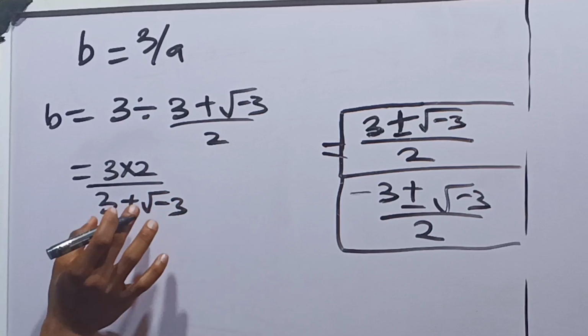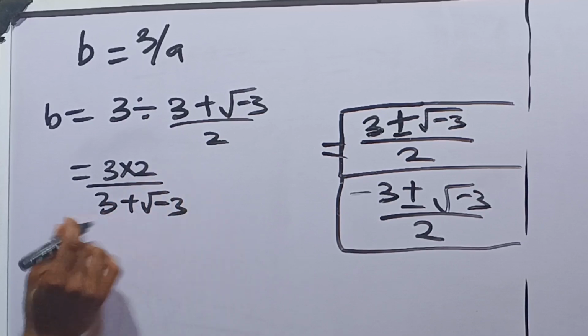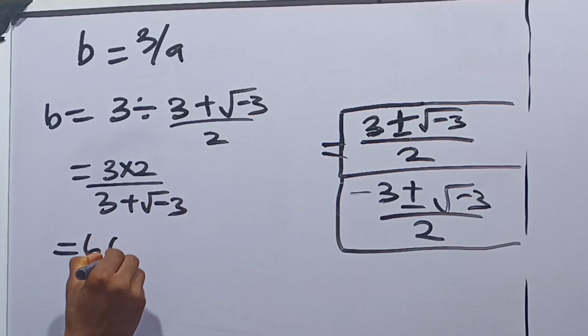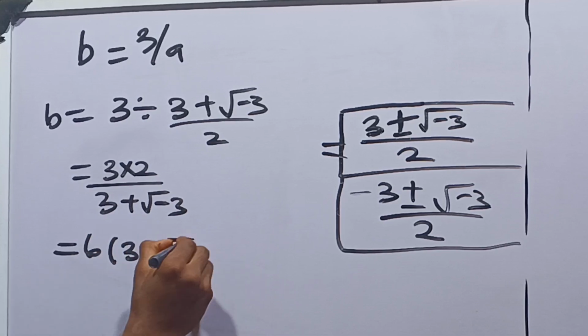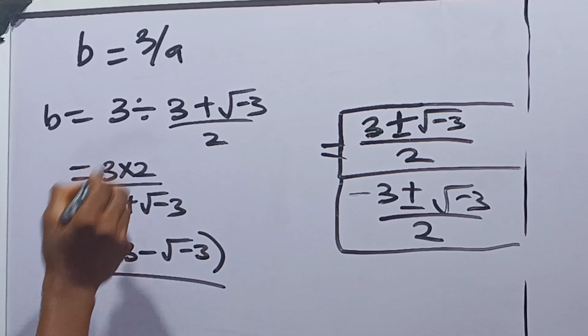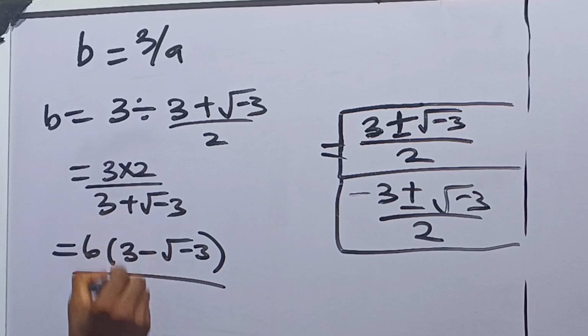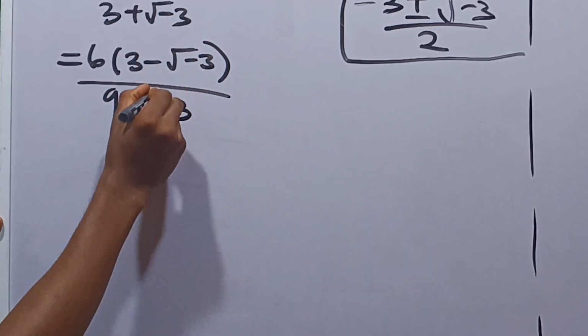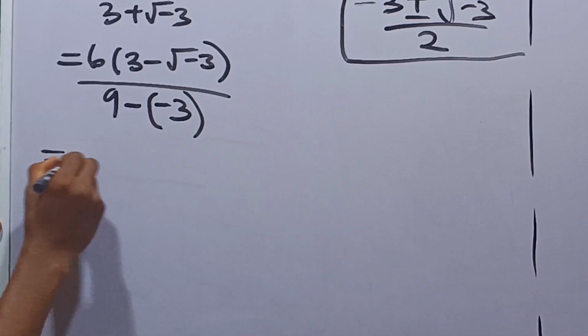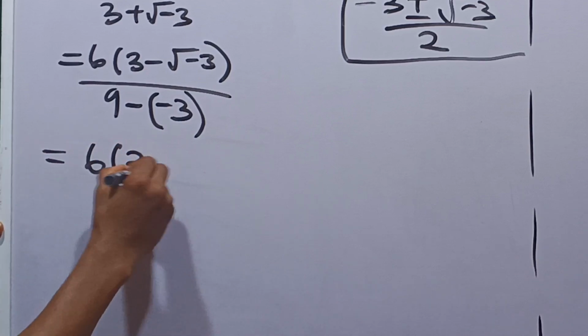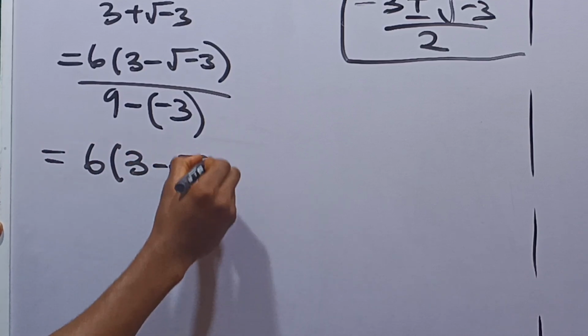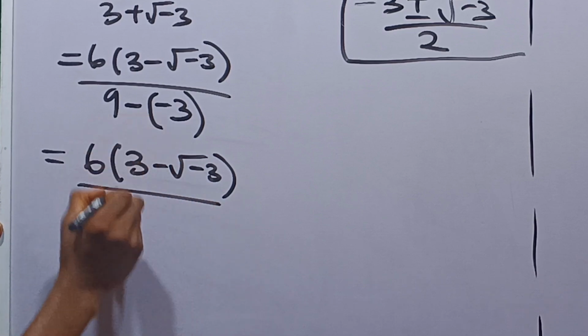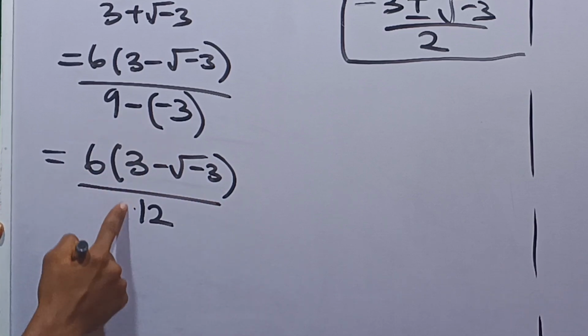Let's multiply both the numerator and the denominator by the conjugate of this. We have that this is equal to 6 into 3 minus root of negative 3, over 3 squared, which is 9, minus root of negative 3 squared, which is negative 3. This becomes equal to 6 into 3 minus root of negative 3 divided by 9 minus negative 3, which is plus 3, giving 12.